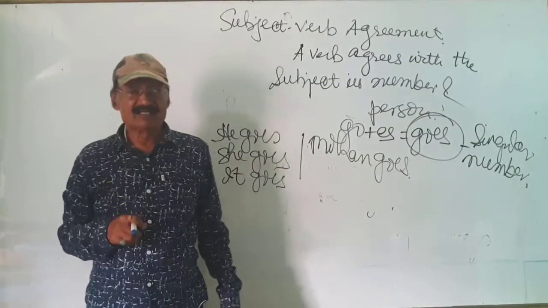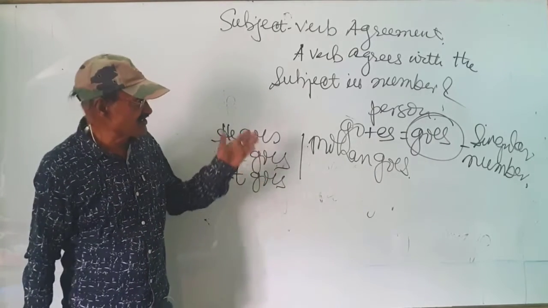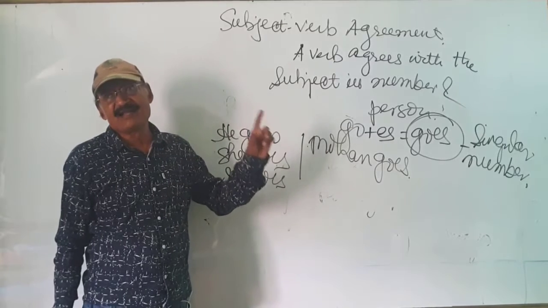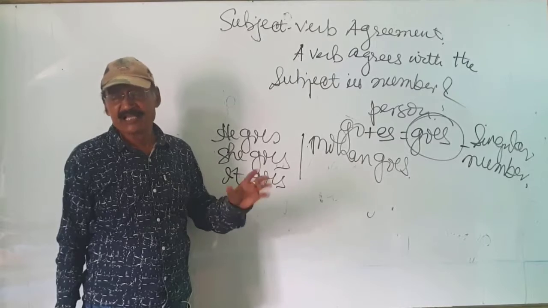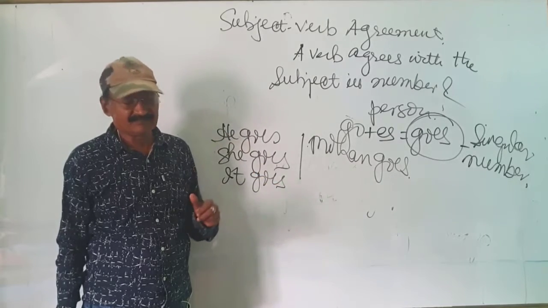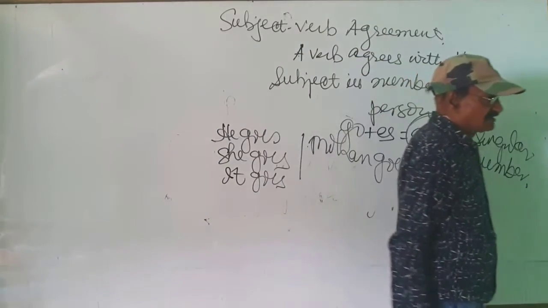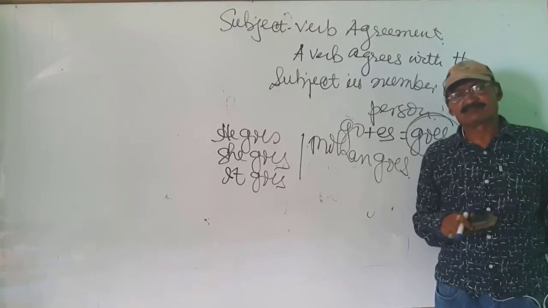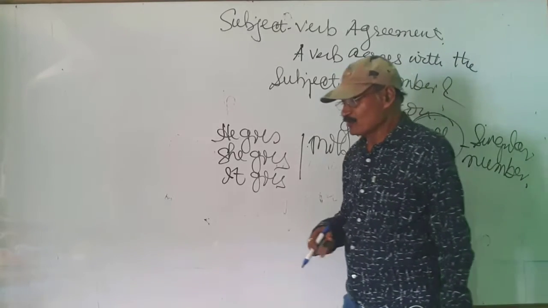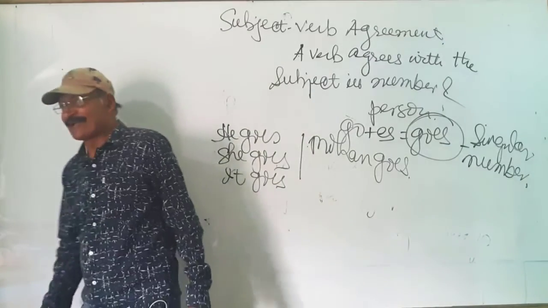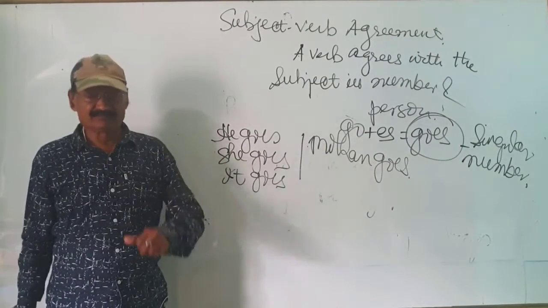So this is subject-verb agreement. It means a verb agrees with its subject in number and person. According to number, according to person, it can agree. But these are the basic assumptions of subject-verb agreement. I think you have entirely understood all these facts. What is the agreement between subject and verb?